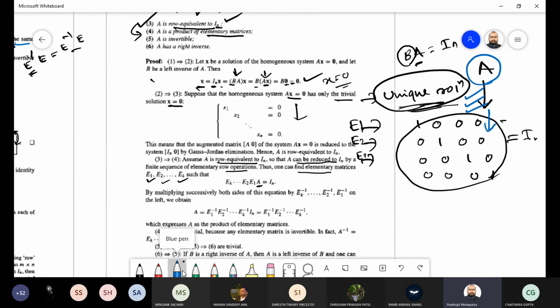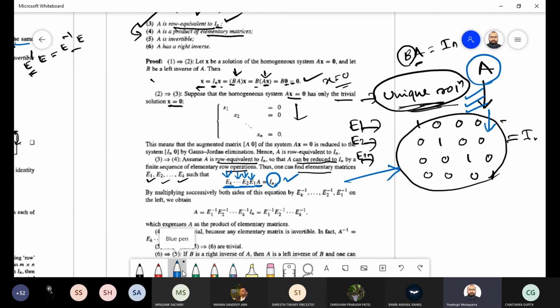The first operation you can write as E1, the second as E2, the third as E3. Similarly, if you are doing k operations, you can write those in terms of elementary matrices. And when you multiply with A, you are going to get the identity matrix. Clear or not?